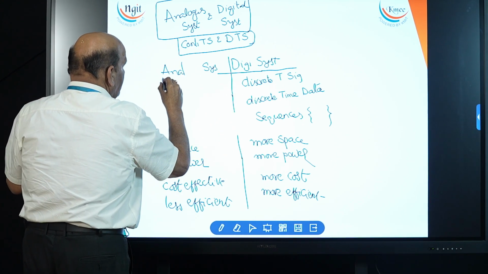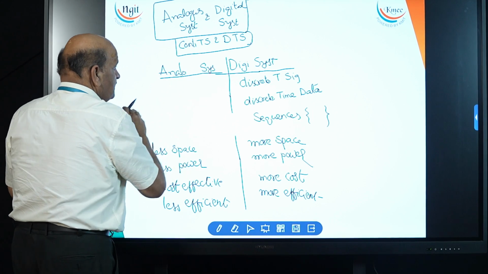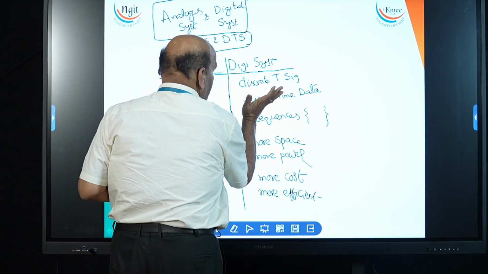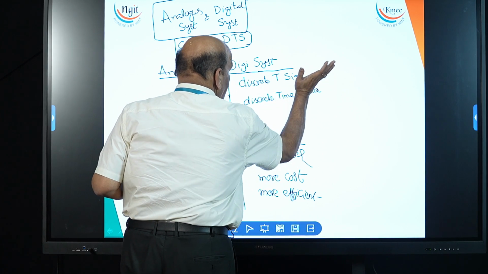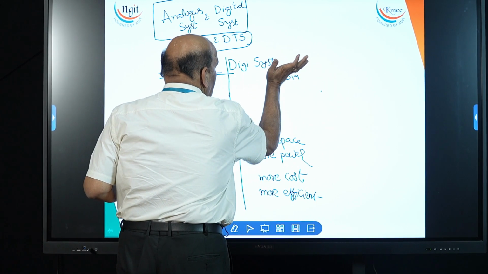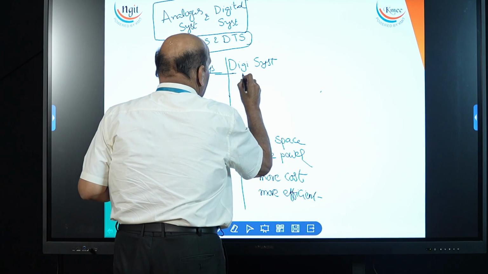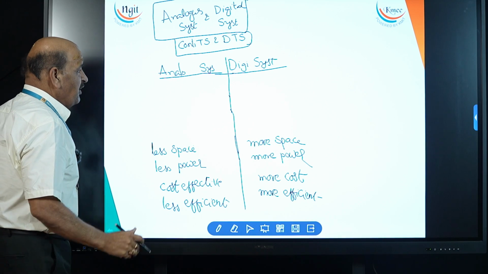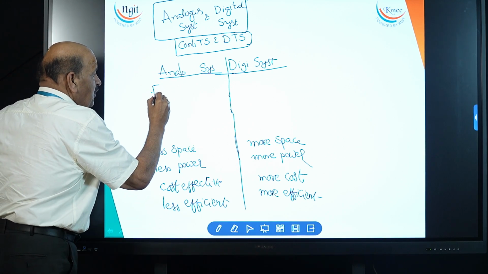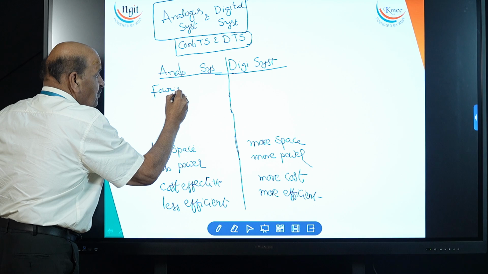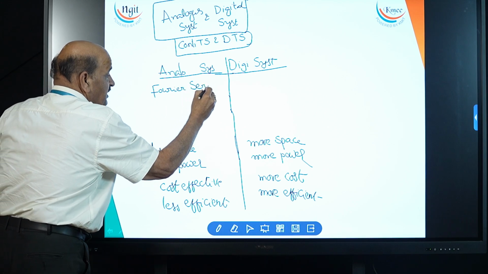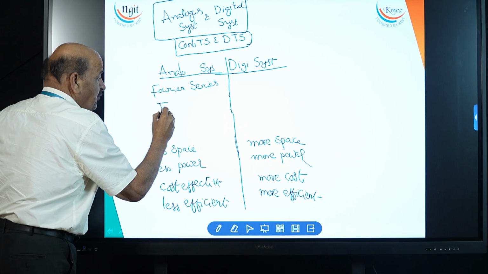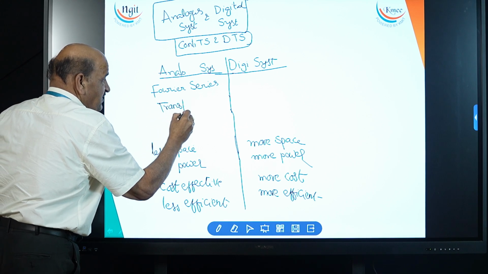Now, these are analogous. Now come to this side. To describe analogous systems, we use Fourier series, and we also use Laplace transformations and Fourier transformations.